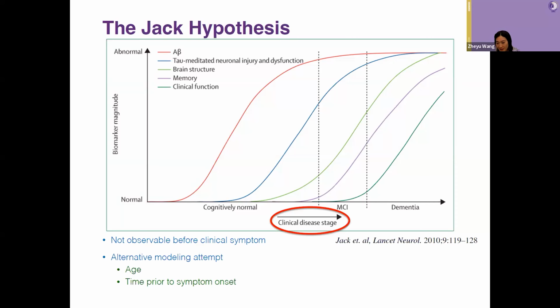For example, as the prevalence increases dramatically with age, age is a big confounder in this plot. So there is an alternative modeling attempt using age, or time from prior to symptom onset as this axis to attempt to address this confounding issue with age.